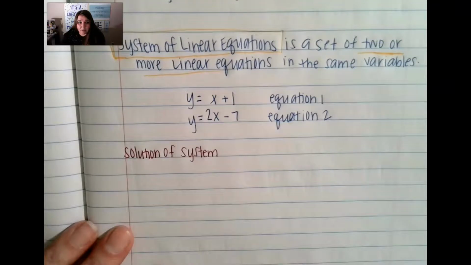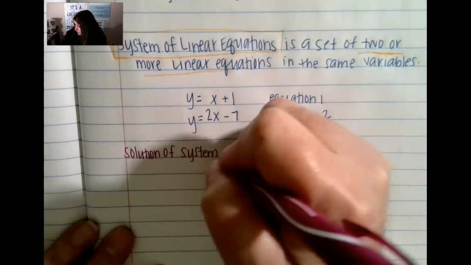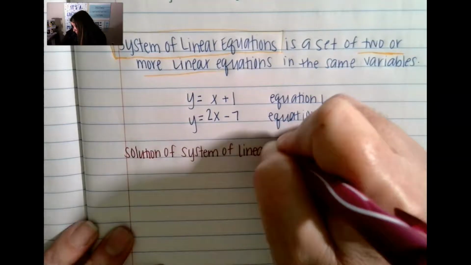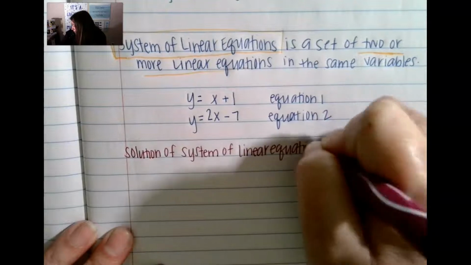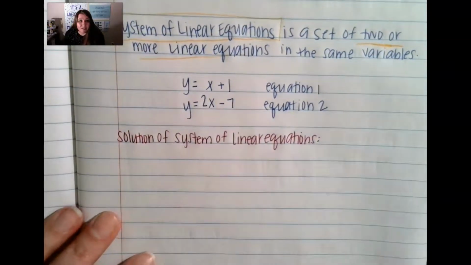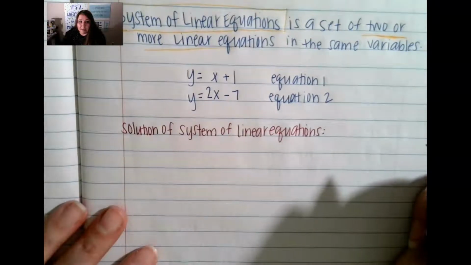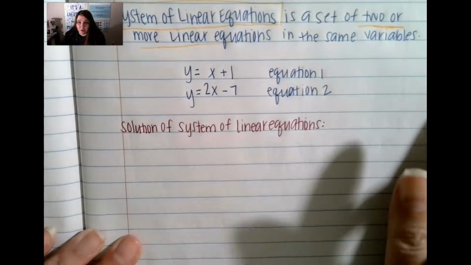When you have a solution, it means that they create an ordered pair of x and y. These words are really long, and I apologize for that. So the solution of the system is two variables that make an ordered pair, and they work together, and it's where they intersect on the graph.